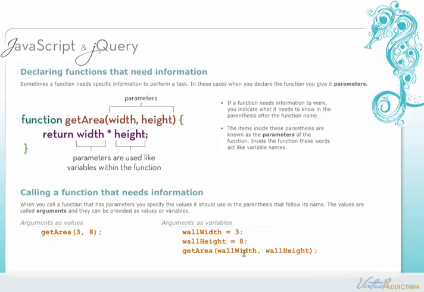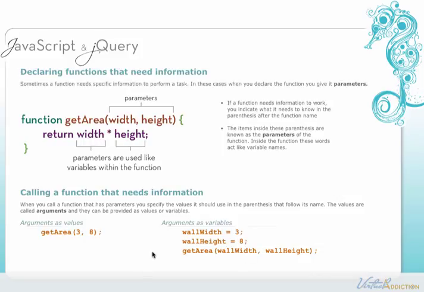People often use the terms parameter and arguments interchangeably, but there is a subtle difference. When the function is declared, you can see the words width and height used. These appear in the parentheses right here. Inside the curly braces of the function, these words act like variables. These names are parameters.